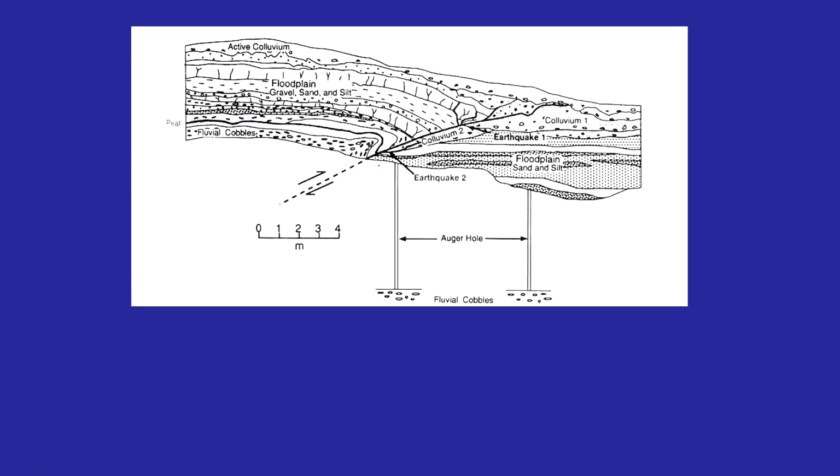The fault shown here goes like this, and then you have this one. So even colluvial 1 is displaced, and colluvial 2 is also displaced here. The fault seems to be extending further up over here, it goes like that.